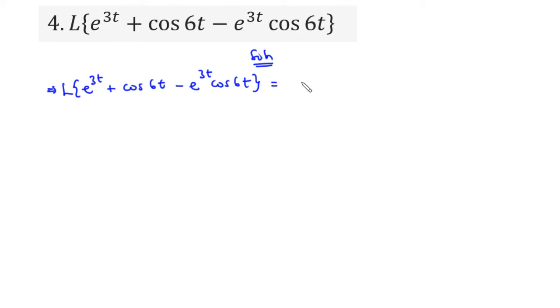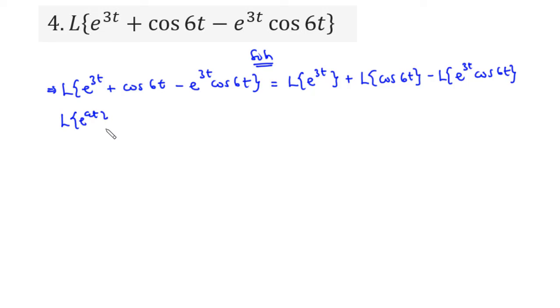So this will be equal to the Laplace transform of e to the power 3t, plus the Laplace transform of cos 6t, minus the Laplace transform of e to the power 3t cos 6t. Now, the Laplace transform of e to the power at is given as 1 divided by s minus a.